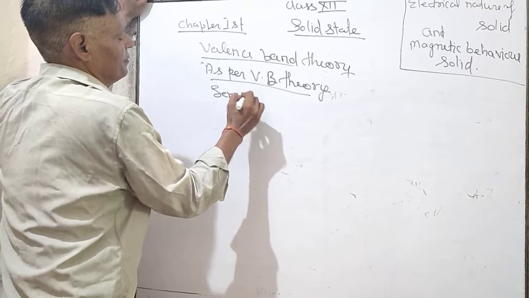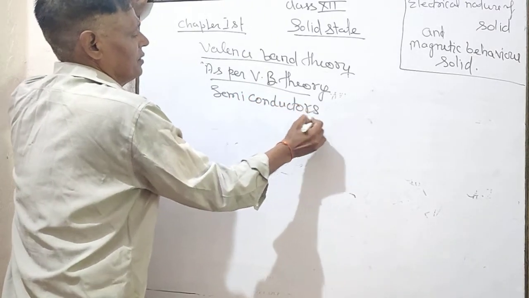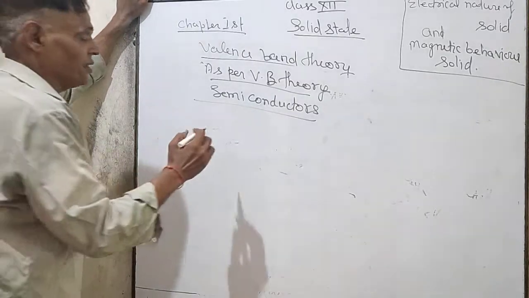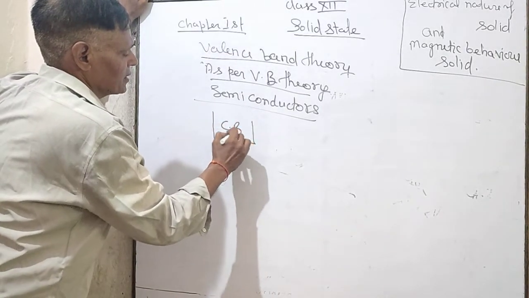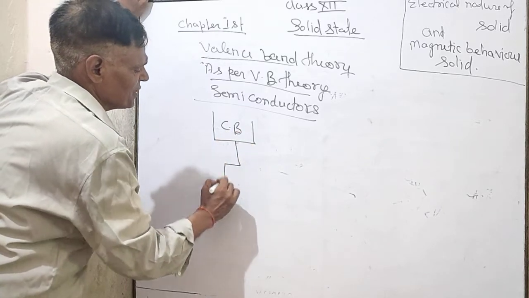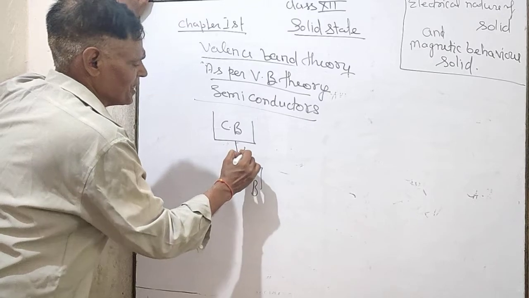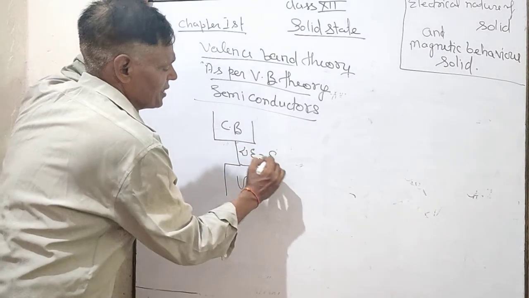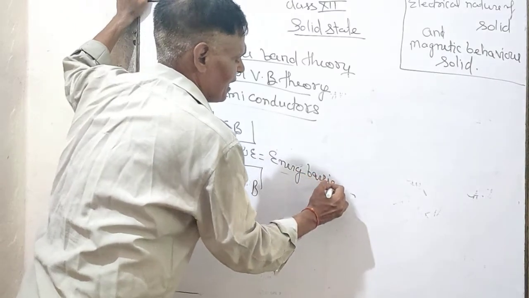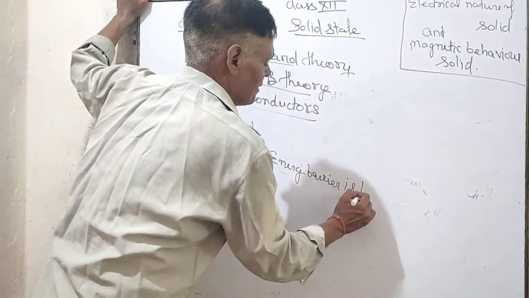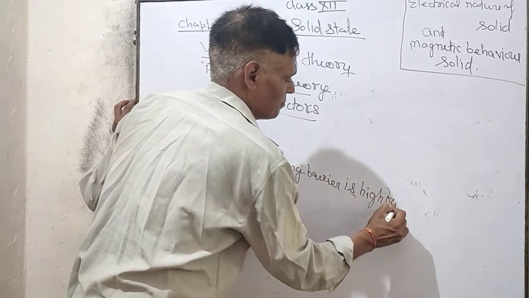This is your CB conduction band, and this is your VB, that we call valence band, and this is the energy barrier delta E. The energy barrier is high. But affordable.